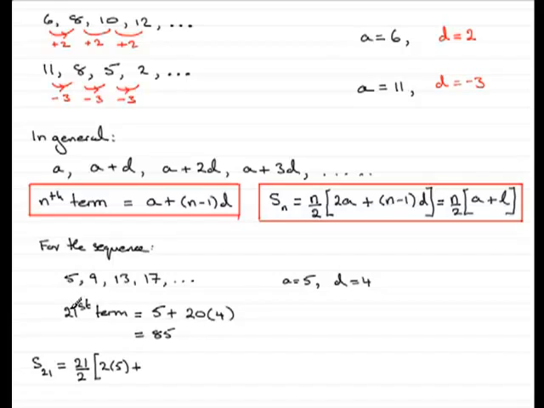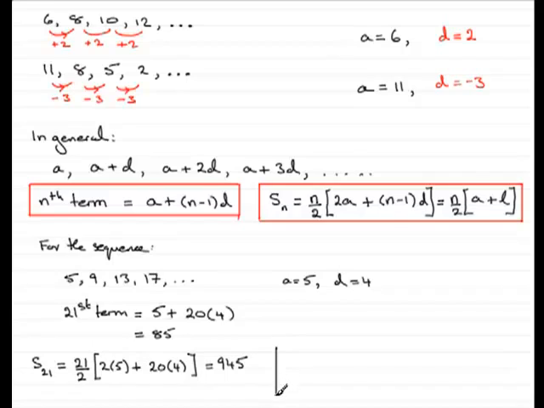So if n is 21, n minus 1 is going to be 20, and the common difference is 4. That's the gap between each of the consecutive terms. And if we work this out, what you get is 945.